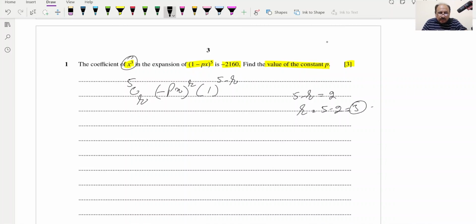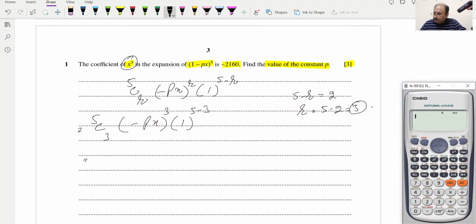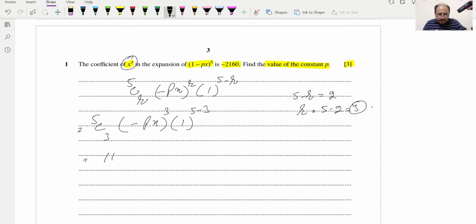So we can take r value as 3, so 5C3 times (-px)^3 and 1 raised to 5 minus 3. 5C3 is equal to 10, so this will be 10 and minus p cubed x cubed, and we can write it without brackets as minus 10 like this.